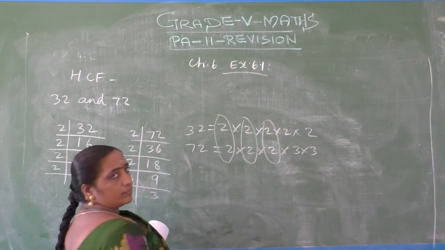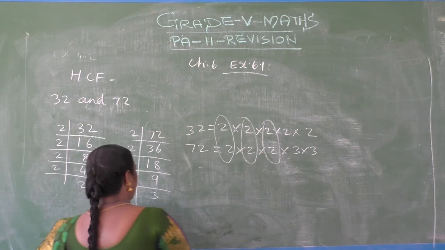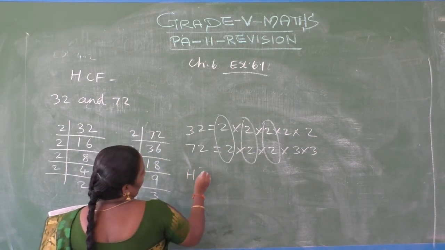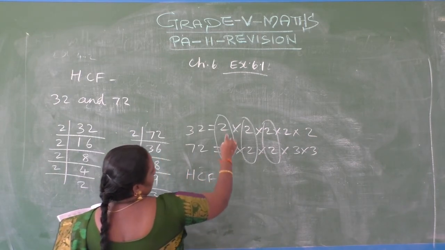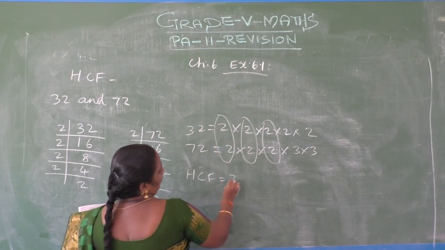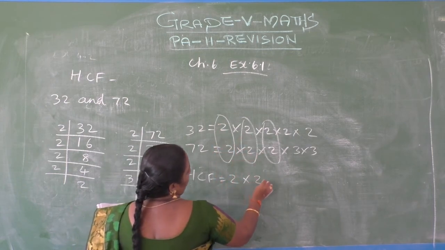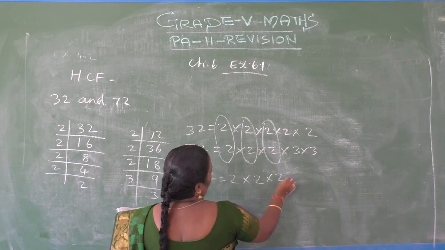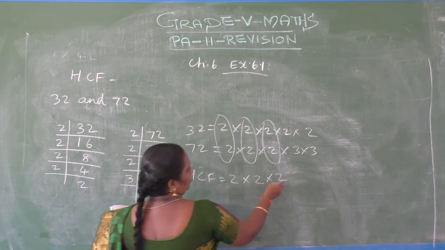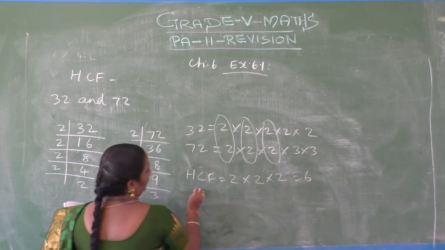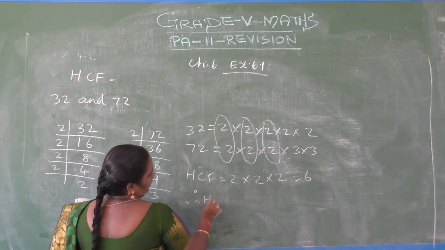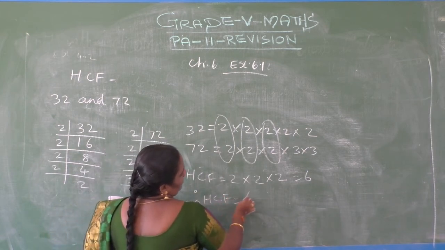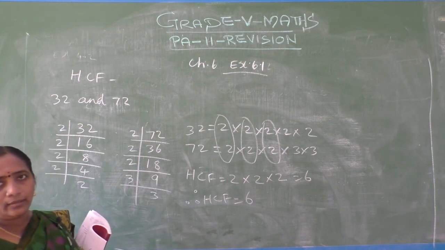Hereafter no pairs. Is it or not? So the HCF equals, for this pair you have to select 1 2. For this pair you can take 1 2. For this pair you can take 1 2. 2 2s are 4, 4 2s are 6. Therefore the HCF equals 6. Okay?